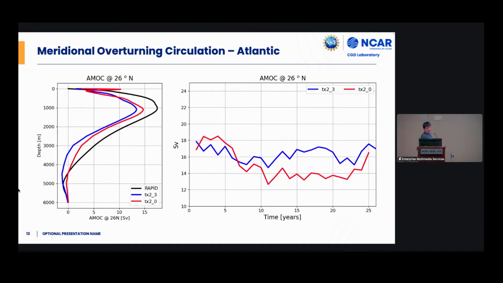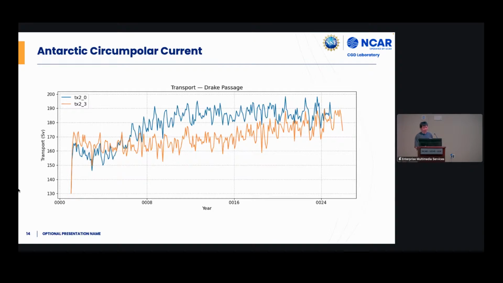In both cases, you can see that the model, for the first try, is relatively reasonable, I would say. We have more comparison here. This is the ACC transport measured at the Drake Passage. Again, this is a comparison between the 2-degree model and the 2/3 degree model. The time series still looks pretty reasonable at this point.